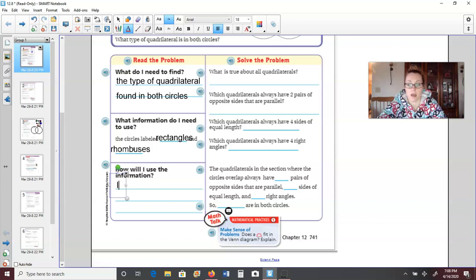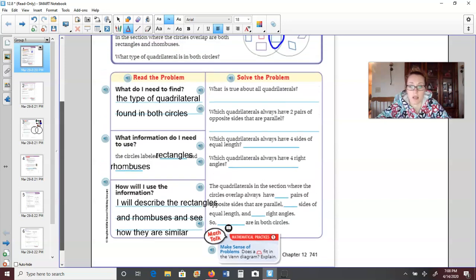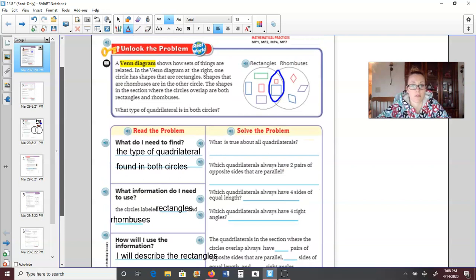Let's say I will describe the rectangles and rhombuses and see how they are similar. Okay, so we're going to be looking for some comparisons between these two shapes and how some of the shapes can classify as both.